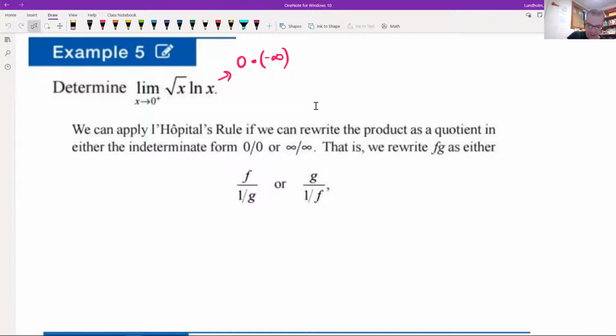So if we rewrite this as the limit as x goes to 0 from the right of ln of x over x to the negative 1/2 power. It's 1/2 power because of the square root, but since I put it on the bottom, I need to make it a negative power. Now, if we put in 0 on the top, we're going to negative infinity.